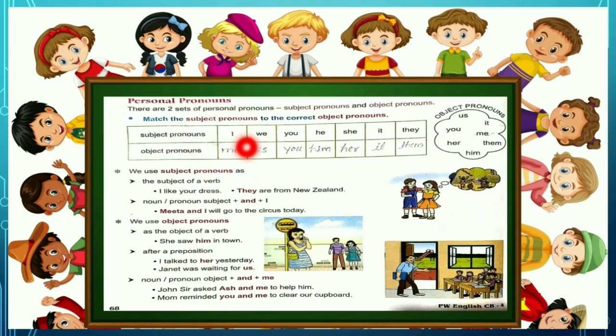You can see the list of subject pronouns: I, we, you, he, she, it, they. And object pronouns: me, us, you, him, her, it, them. Is it clear, students?